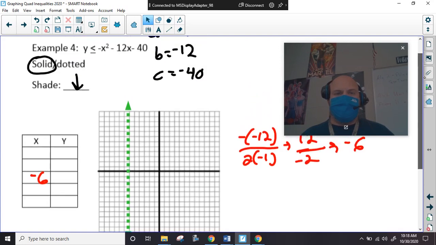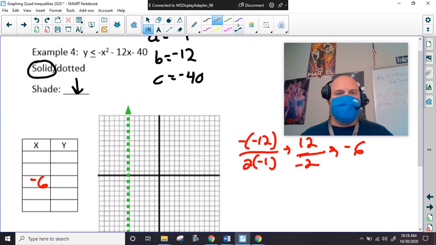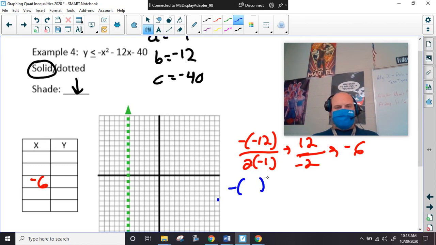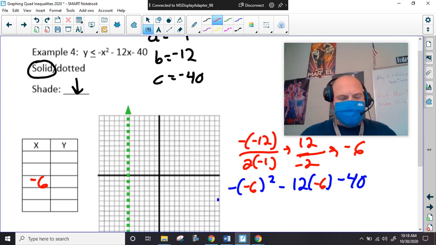Okay. To find the y for the vertex, remember the negative is on the outside of the parentheses. And I wonder if this is another one of these that I can't really graph because I messed up on yesterday's lesson.